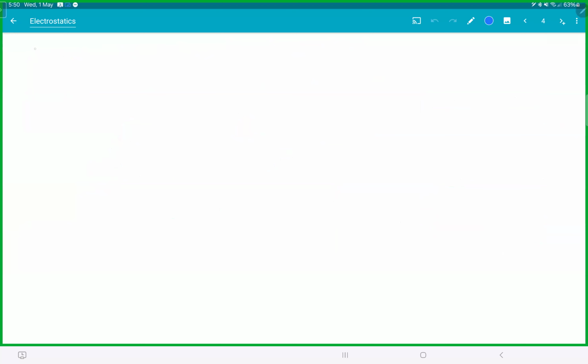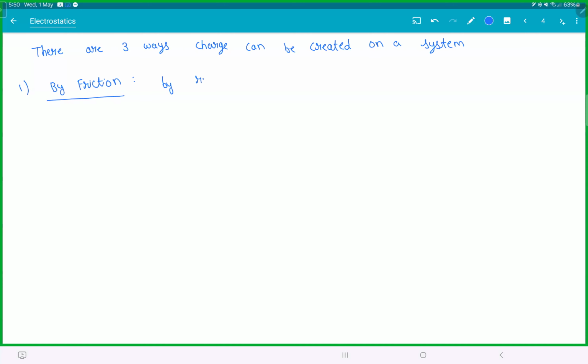So there are three ways charge can be created on a system. One, by friction. If you take two materials and rub them, you must have done this in school.